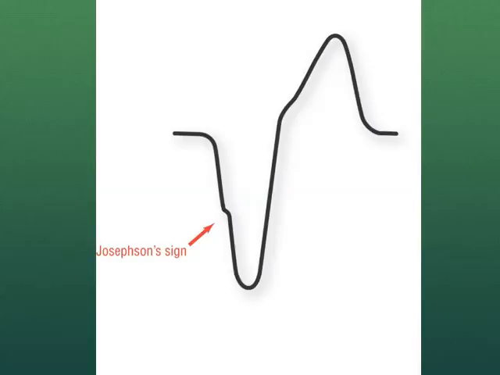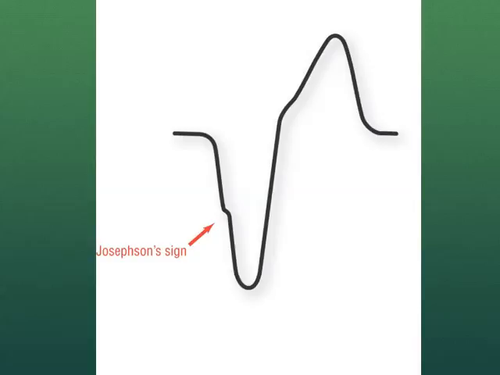So this is a look at a clinical feature of a particular morphology of QRS complex. Whenever we do have a ventricular beat, Josephson's sign is a good indicator that we are actually dealing with a ventricular beat as opposed to a beat that's coming from a supraventricular pacemaker with a bundle branch block.